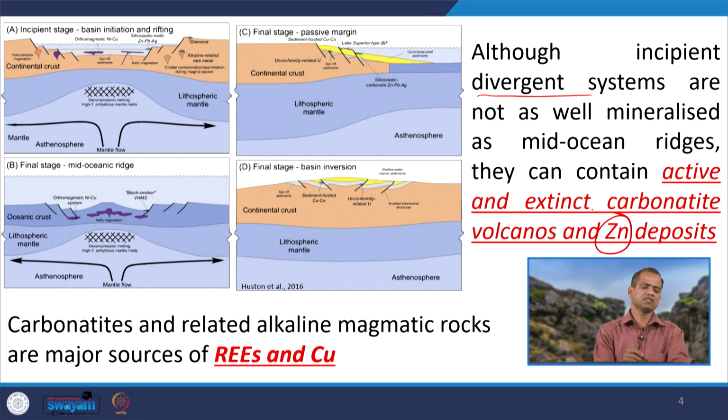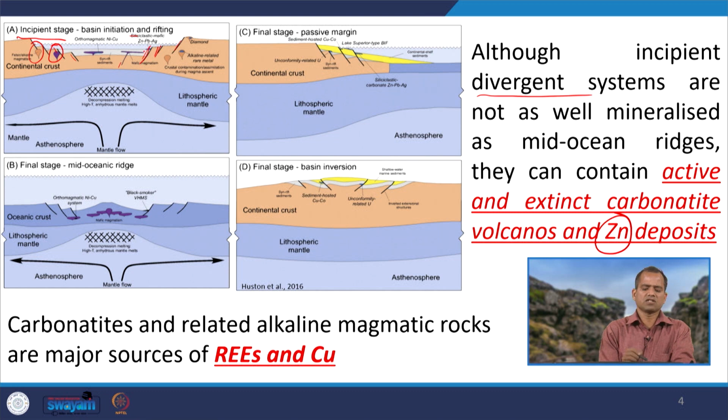At the initial stage, for example, if you see this figure, we have the incipient stage here. That means we are just stretching this lithosphere into different segments. Now you see different faults extending down, and you can see different types of magmatism occurring from different depths.